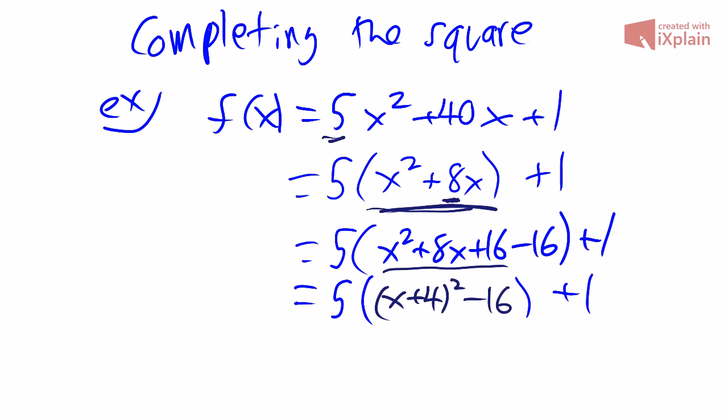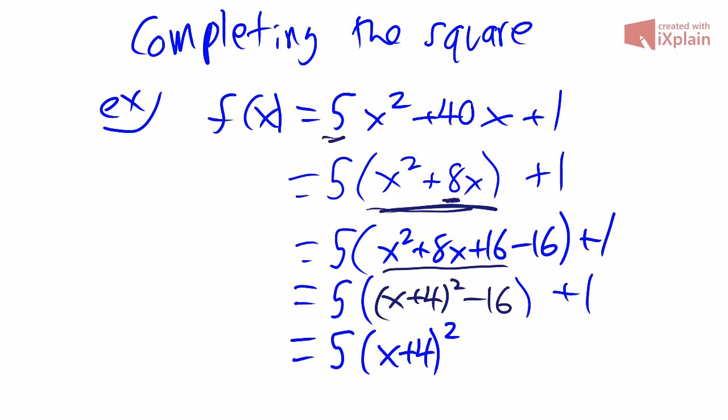So we didn't have a square on the inside, and we cleverly added 0, and then we were able to write the square, and now we have a constant term out here, the minus 16. So we can collect all of our constants together. Now we have 5 times (x plus 4) squared, and now we need to distribute 5 times negative 16.